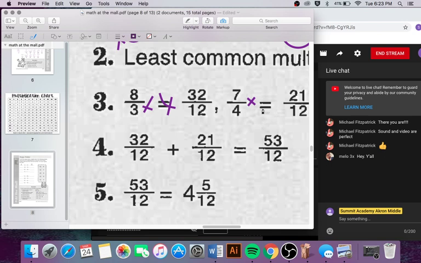So we're going to multiply 4 times 3 to get 12. Whatever we do to the bottom, we have to do to the top. And 7 times 3 is 21.